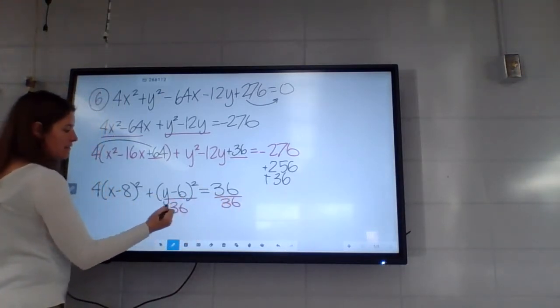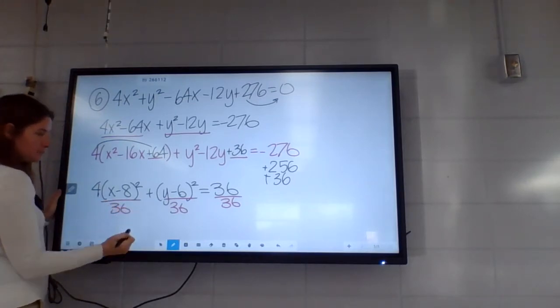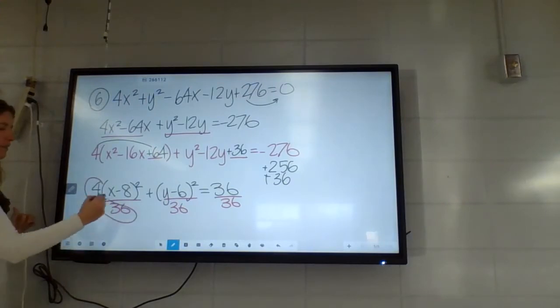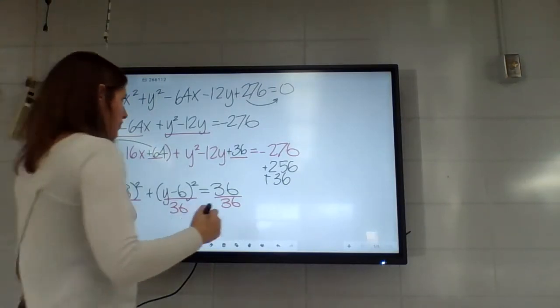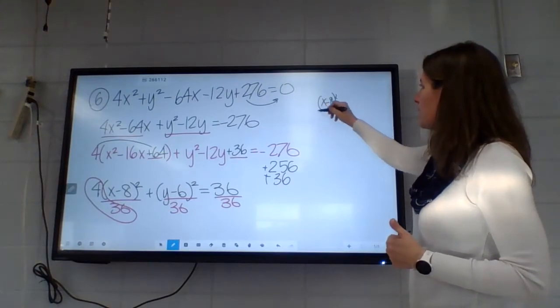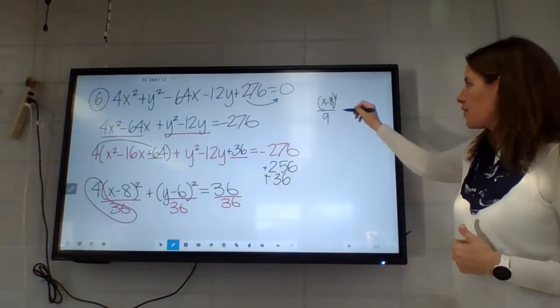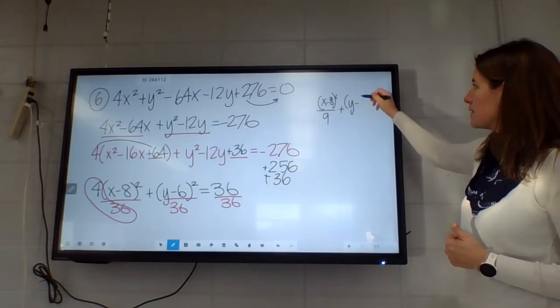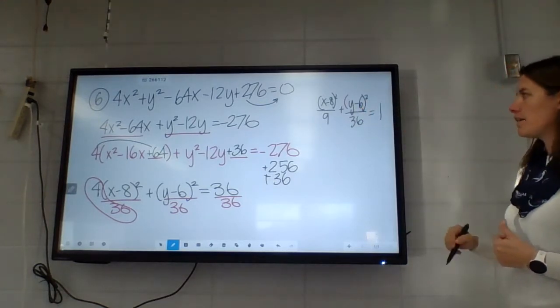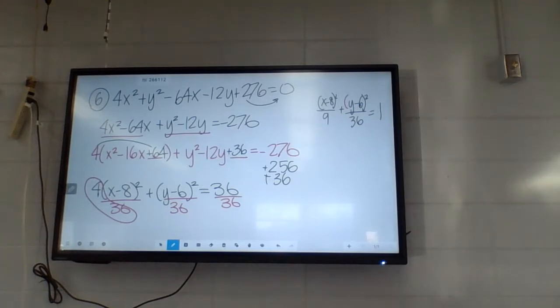That means I have to divide these two by 36 as well. Now this becomes 1, but this 4 over 36 becomes like 1 over 9. And then the other one's just going to be 36. And then that'll equal 1. And so we have our equation all set up and ready to go then.